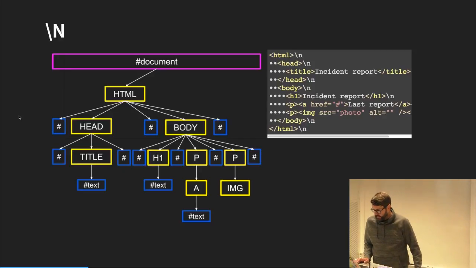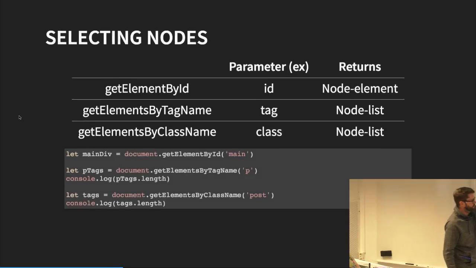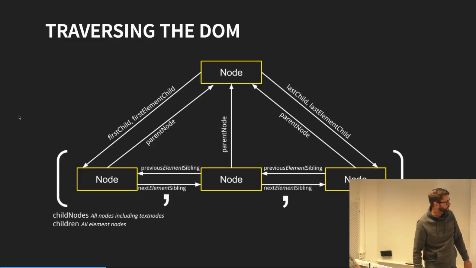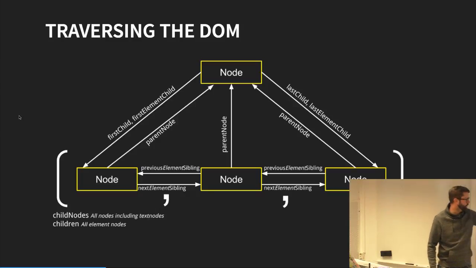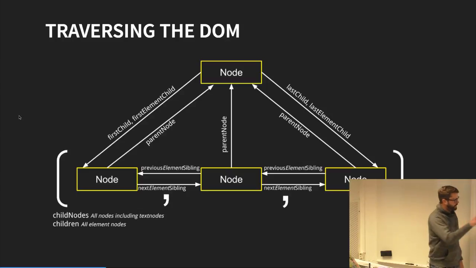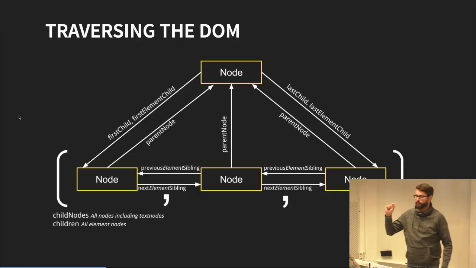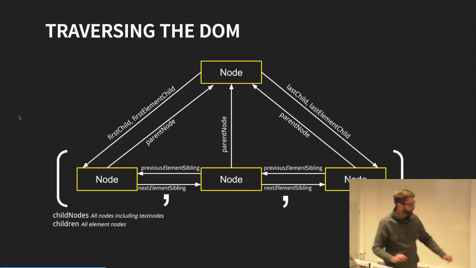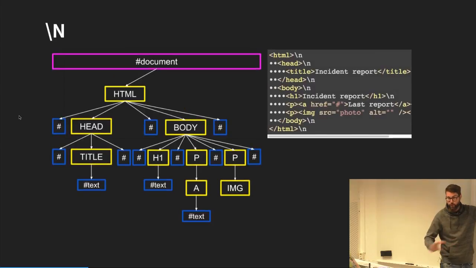So if we have a reference to the body node, being this top node on the top of the page, we could call, for instance, first child. So if we have node dot first child, we will get a new reference to the first child node. However, first child and last child will point you to the first node, whatever node. In this case, this being a text node.